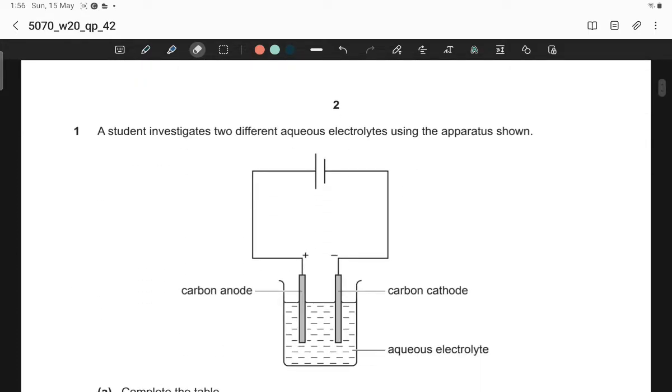A student investigates two different aqueous electrolytes using the apparatus shown. This is the apparatus of electrolysis. Just wait.